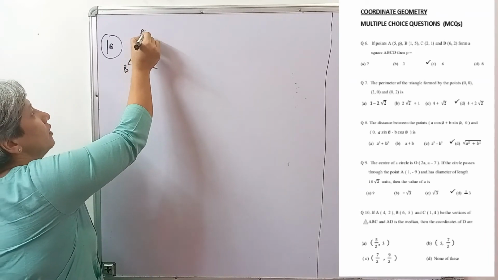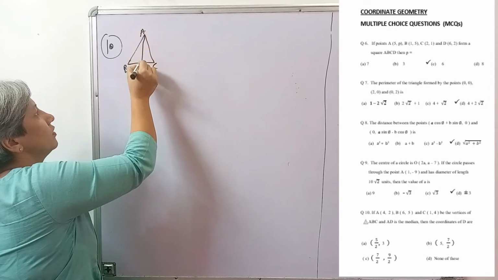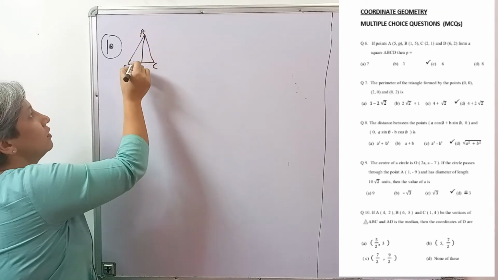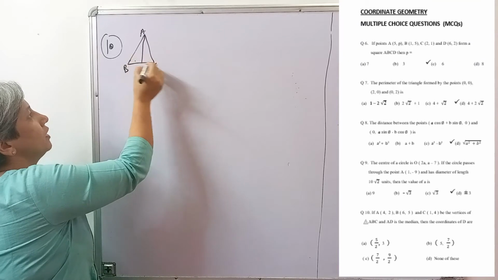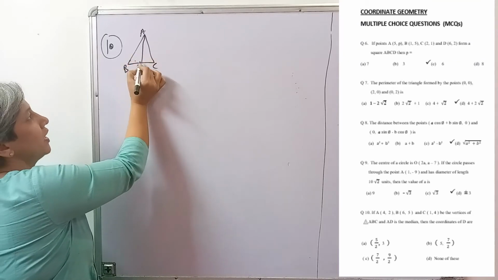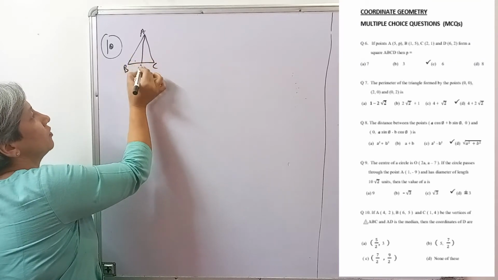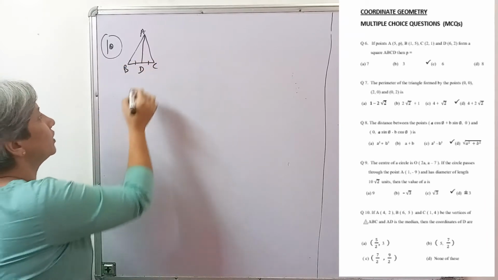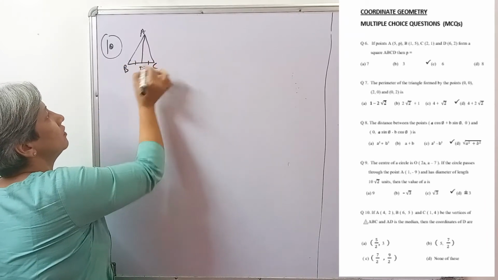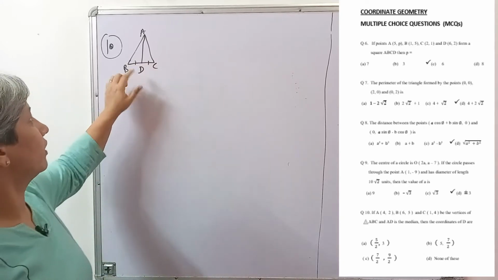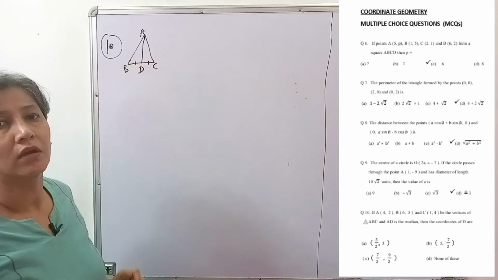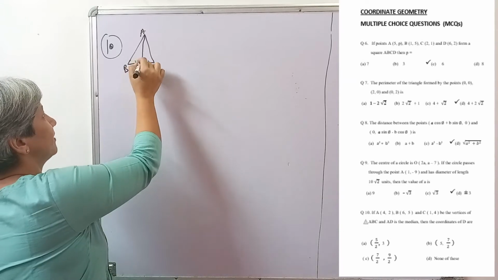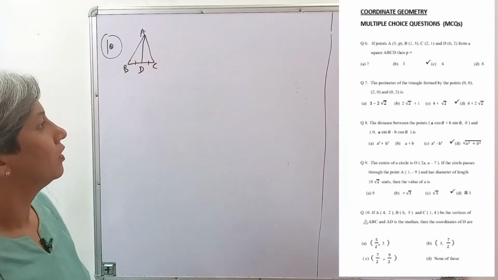That means AD is the median, and when we say median, it touches BC at its midpoint. That means BD is equal to DC. As we know, a median always bisects the base of the triangle at its midpoint.